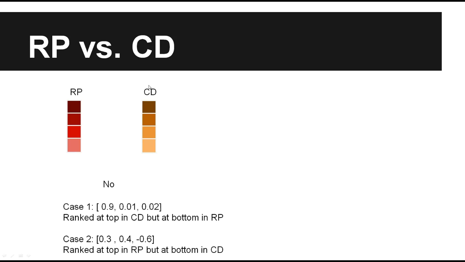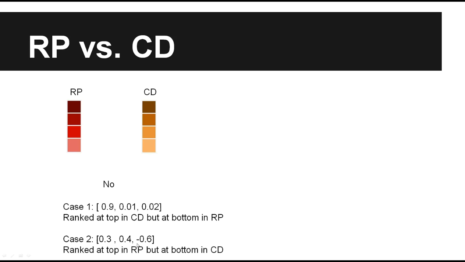If you're using the CD method, you average the three values, which results in a very small positive value. So it will be ranked at the bottom in the CD method. But since all the three component values are fairly large, their product will be small and the gene will be ranked at the top in RP.